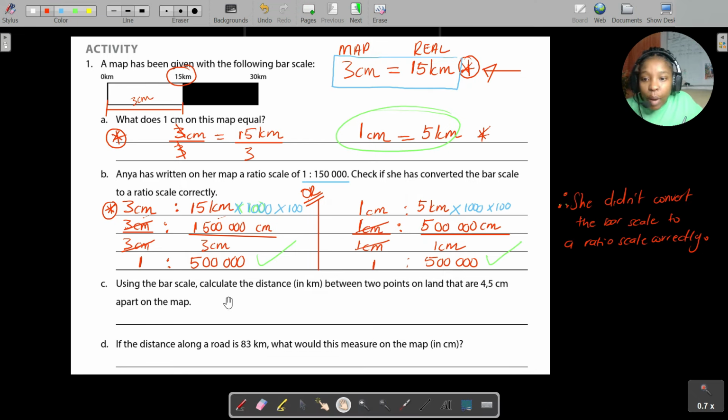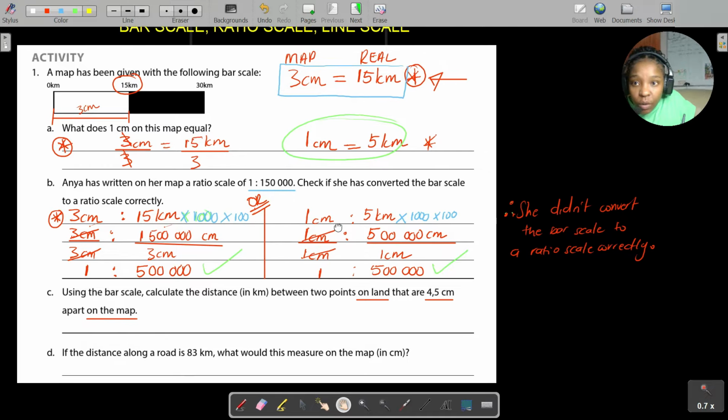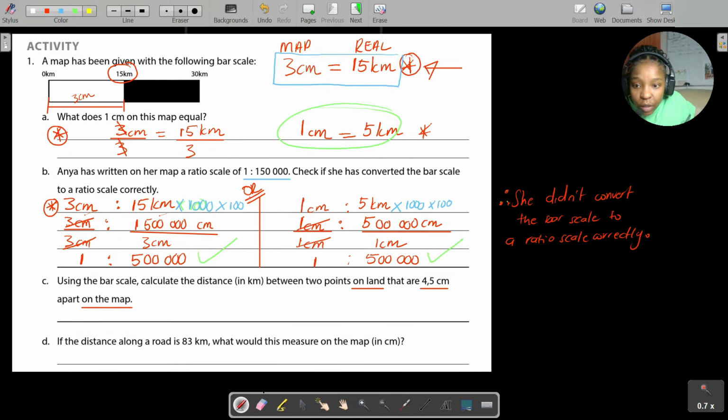So using the bar scale, calculate the distance in kilometers between 2 points on land that are 4.5 centimeters apart on the map. So remember, ladies and gentlemen, fill in the info that is given to you. So I'll just write this on the side there so that we can all follow and see what's happening, so that we don't mess up our solution part.